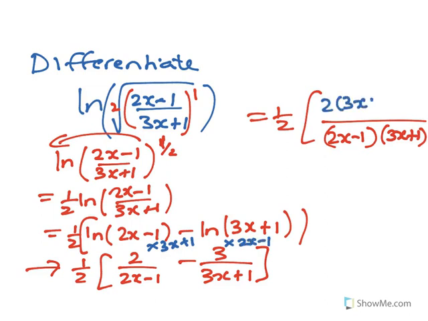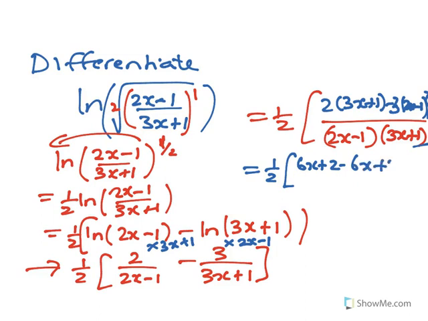So it's 2 times 3x plus 1 minus 3 times 2x minus 1. So it's a half. So you get 6x plus 2 minus 6x plus 3 over 2x minus 1, 3x plus 1.